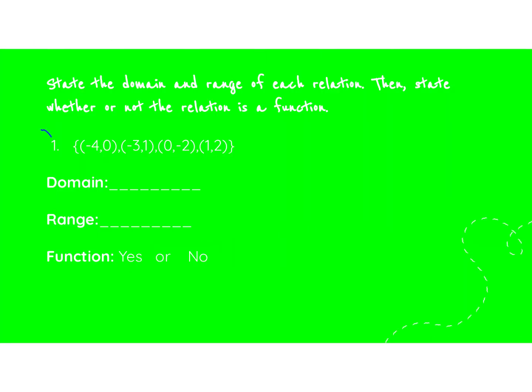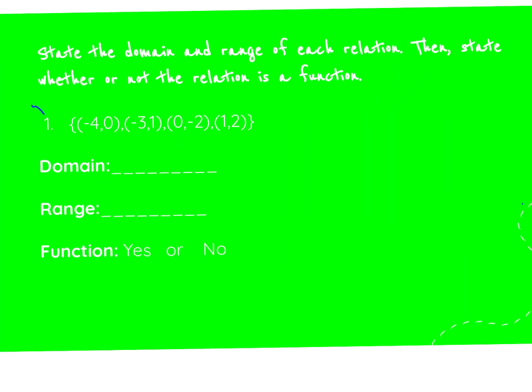So now, your domain here is going to be all of your x values: -4, -3, 0, and 1. Then your range is just going to be your y values: 0, 1, -2, and 2.